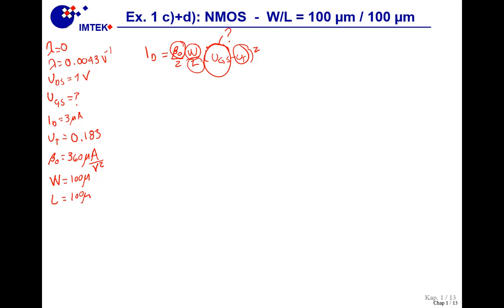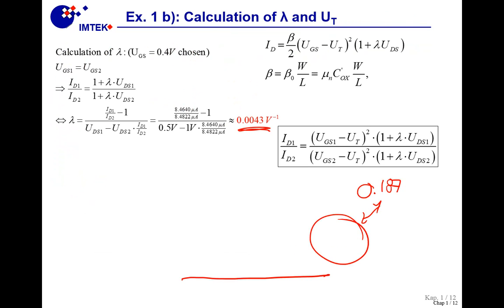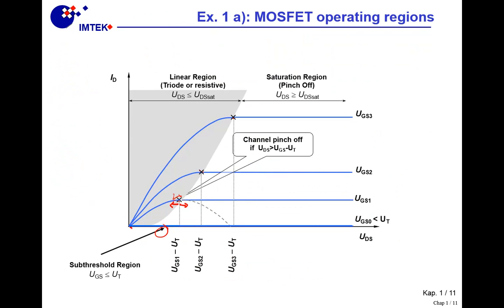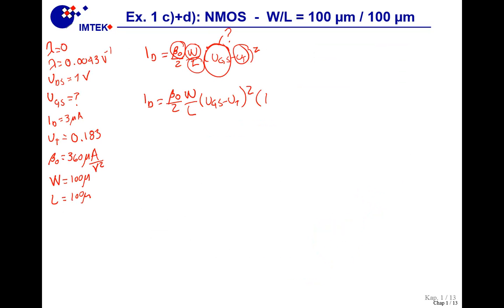So the very simple thing that you have to do is to solve for UGS and plug in all the values. And for the other one, ID is equal to beta sub 0 divided by 2 times W over L times UGS minus UT squared, and then you multiply this by 1 plus lambda UDS.